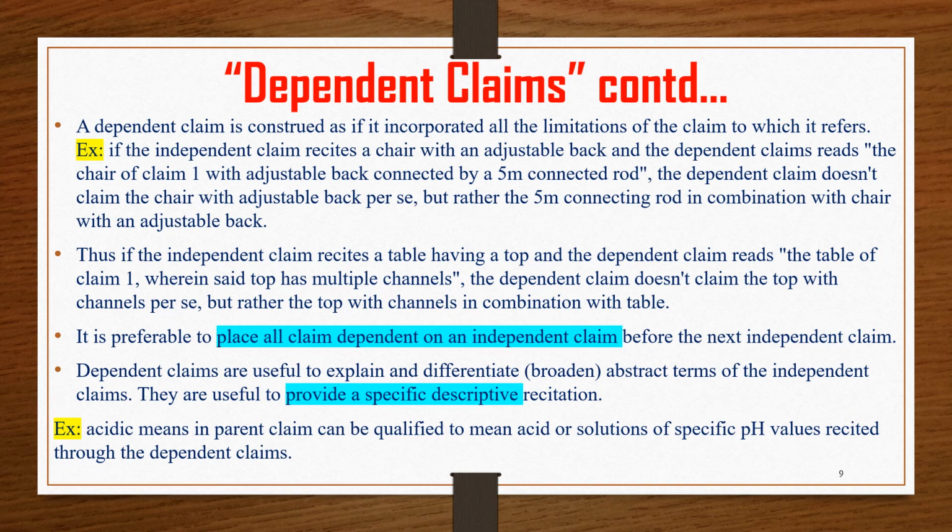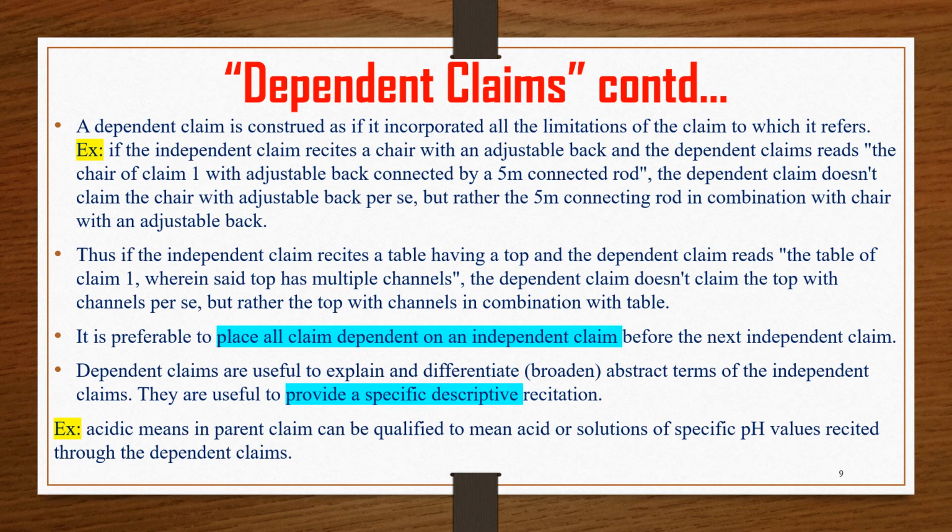That means if there are two independent claims in a patent specification, then it is preferable to place all the dependent claims on the first independent claim completely, before the next independent claim. So this is a preferable way: first you have to completely place all the dependent claims on the particular independent claim to which they refer, before the next independent claim. I think it is clear now.